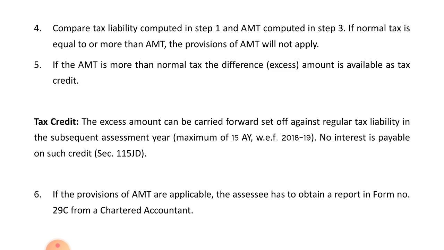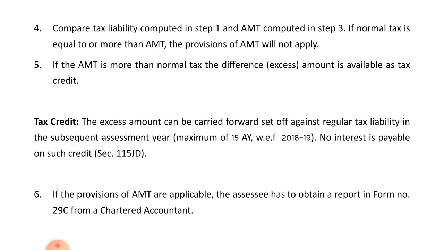Every person who is liable to alternate minimum tax shall obtain a report in the prescribed form from chartered accountant certifying that the adjusted total income and AMT have been computed in accordance with the provisions of this chapter, and the person shall furnish such report electronically on or before the due date of filing the return of income under section 139 subsection 1.